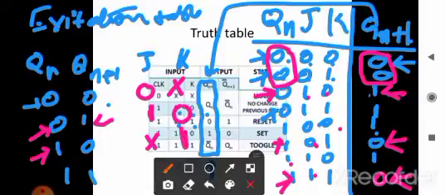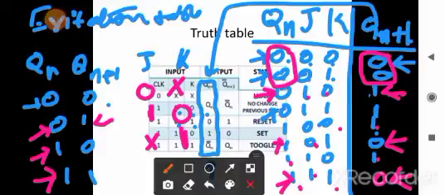It is 1 here. Now we need to see for q1 is equal to 1 and q1 plus 1 is equal to 1. These two conditions. So q1 is equal to 1, q1 plus 1 is equal to 1.